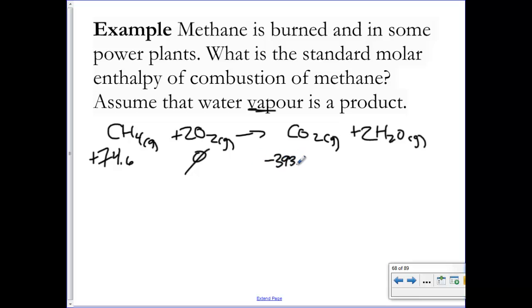Carbon dioxide is negative 393.5. What's water gas? 241.8. And times that by 2. I got negative 800.7.